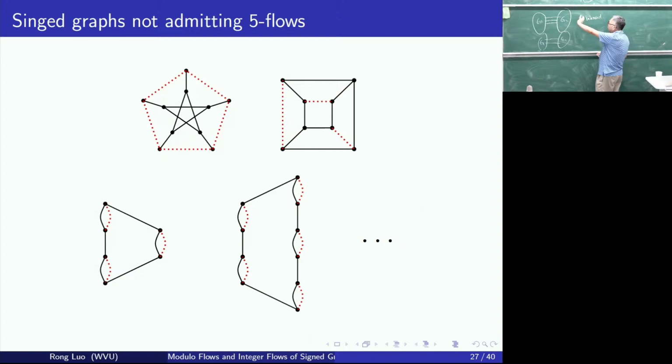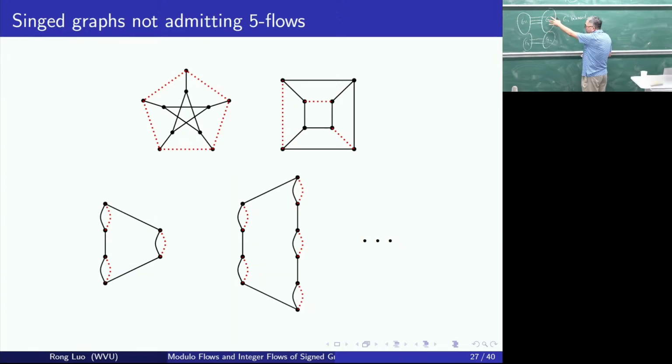If it's balanced, we can do a switching operation to make all the edges positive. Once we make all the edges positive, we can contract G2. And we can prove that this graph admits a nowhere zero 6 flow if and only if the contracted graph admits a nowhere zero 6 flow. So that's one operation here.